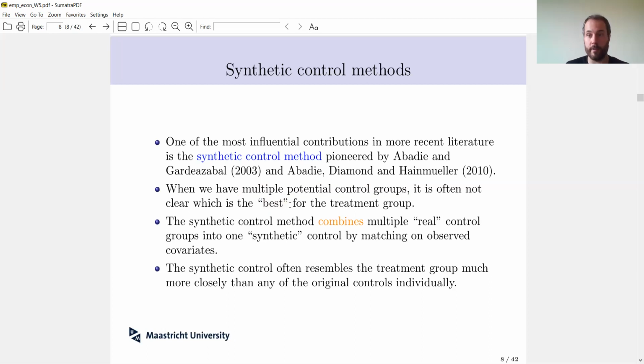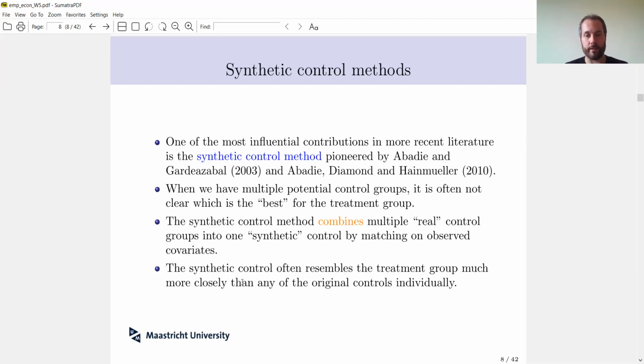Would it be Texas? Well, Texas is also pretty hot, but it's very different in terms of the political spectrum versus California. Should it be New York? Well, New York is closer in terms of politics, but it's also at the other end of the world, right? It's at the other coast. So it's not clear which group is the best control.